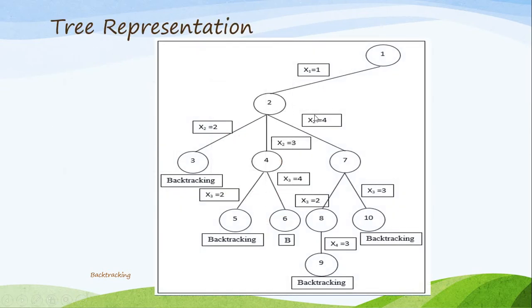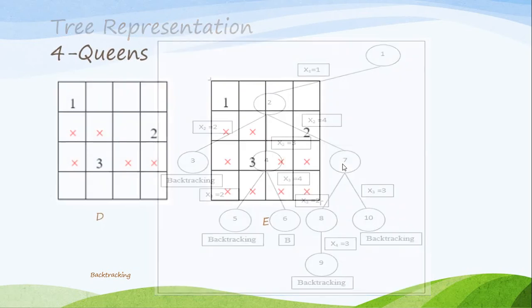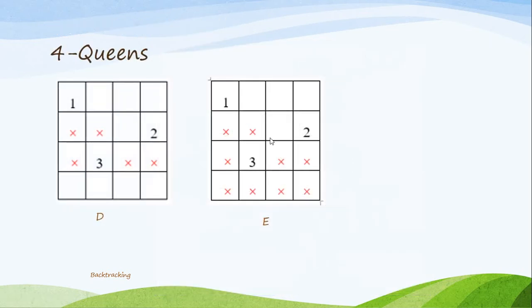Here we are moving our second queen into the fourth column. Then we will put our third queen into the second column, but there is no place for the fourth queen. So again backtracking. There is no place for the third queen in the third column. So again backtracking. Here we have to do the backtracking, but there is no place to move this second queen.